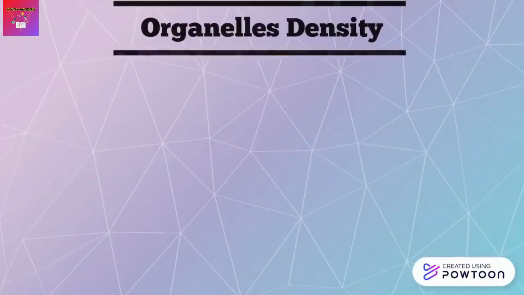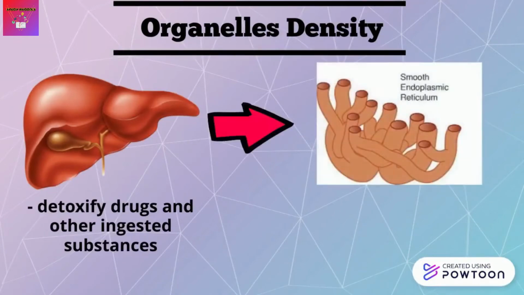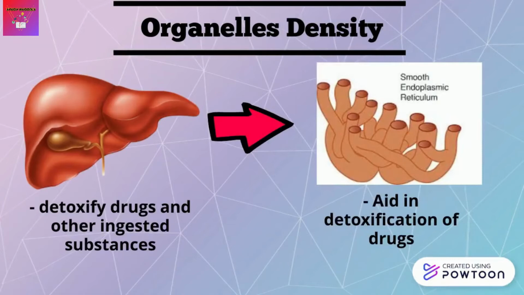Another important concept we are going to learn about is organelle density. Cells can vary in the proportion of organelles they have depending on the specialized function of the cell. For example, a liver cell, whose function is partly to detoxify drugs and other ingested compounds, contains a greater proportion of smooth endoplasmic reticulum or SER.